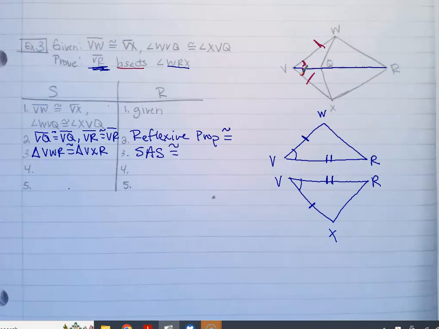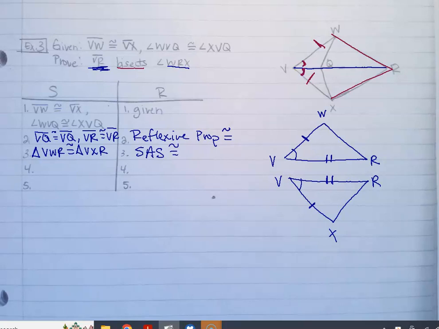But in order to bisect WRX, it does have something to do with CPCTC. We want to prove that it's an angle bisector.